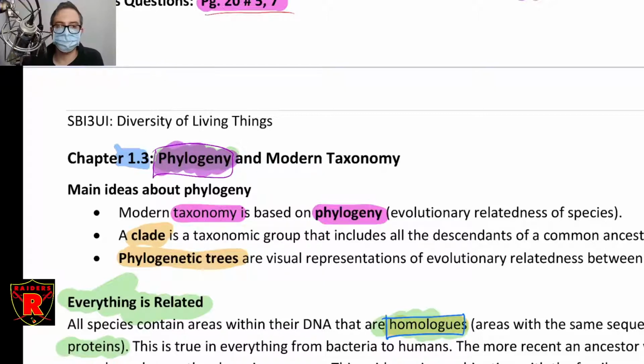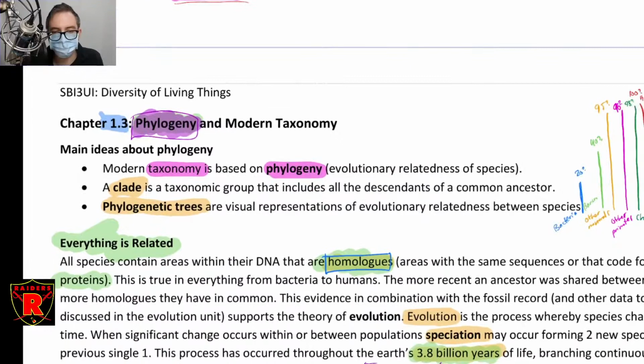Now, we do have to make modifications based on phylogeny, and by the way, there are many modifications yet to be done. So I'll give you a great example. We're going to talk about a kingdom called protists. Right now, based on taxonomy, based on morphology, we've categorized a bunch of different organisms together as protists.